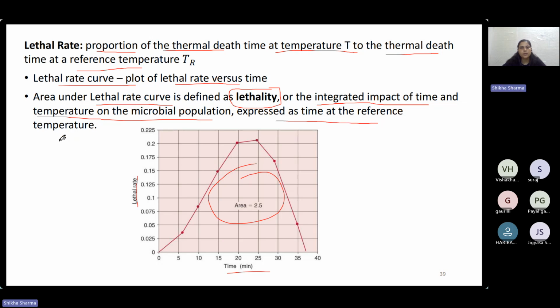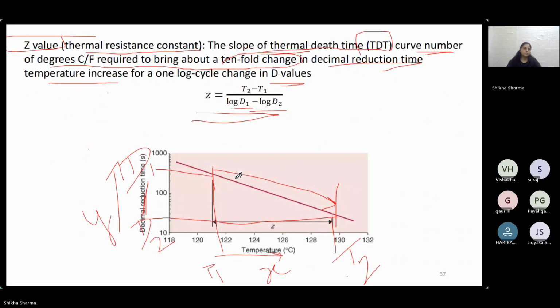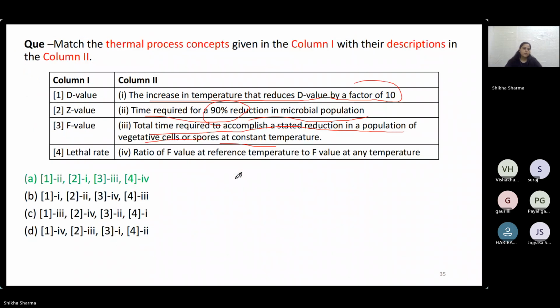At reference temperature, this much is time and this much is the lethal rate, and the area under the curve is its lethality. So lethal rate is the ratio of F value at reference temperature to the F value at any temperature.